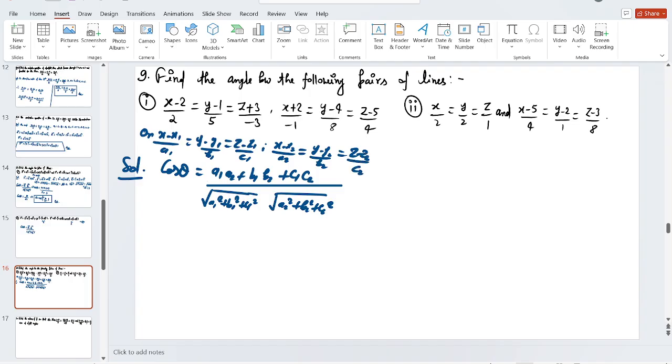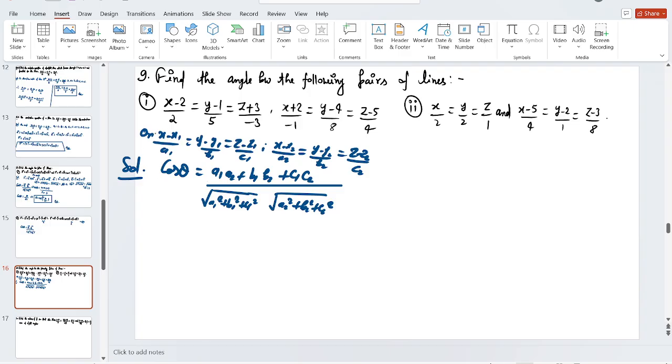Here you note that the coefficients of x, y, z are plus 1. If not plus 1, take the common factor to make it plus 1. Remember, this is the restriction for comparing these values. So see that the coefficients of x, y, z are plus 1, so we need not convert the format.